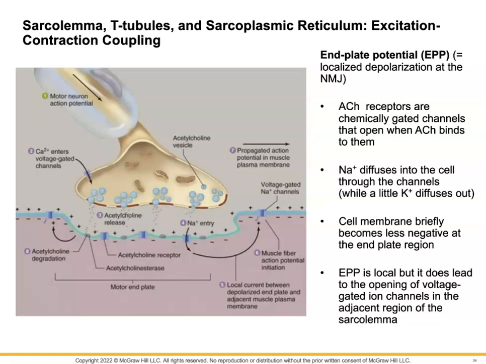So if more sodium is coming in than potassium is going out, the inside of the cell is becoming more positive instead of more negative. So this results in a gain of positive charges on the inside of the skeletal muscle.